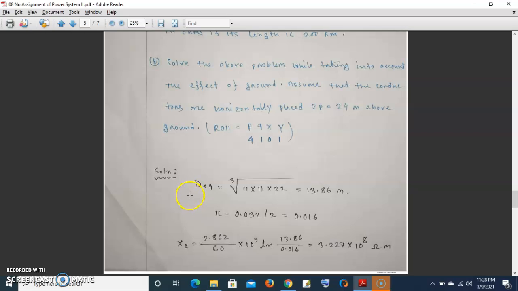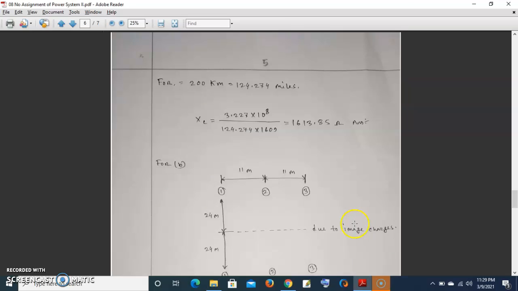The capacitive reactance existing between one conductor and neutral for relative permittivity, we get XC equal to 2.862 divided by 60, here 60 is the frequency in Hertz, into 10 to the power 9 ln DEQ by R. Here DEQ equal to 13.86 meter, and R equal to 0.016, and we get the capacitive reactance 3.227 into 10 to the power 8 ohm meter.